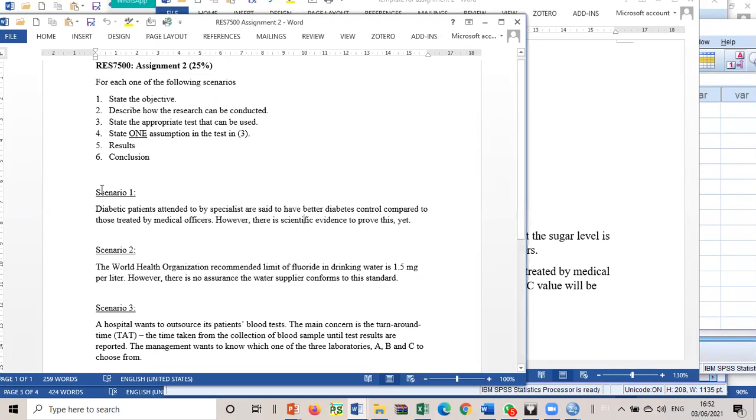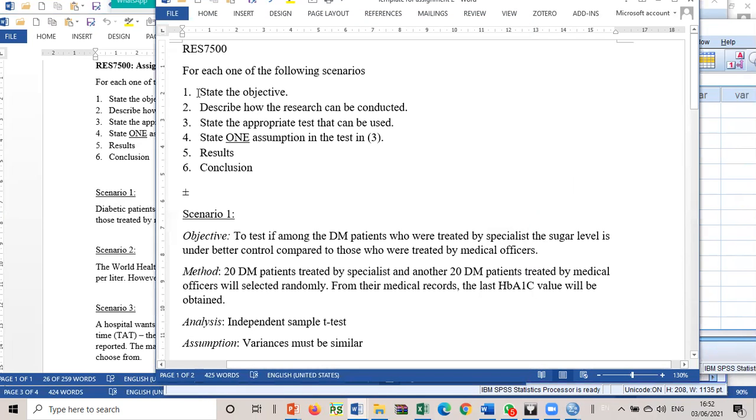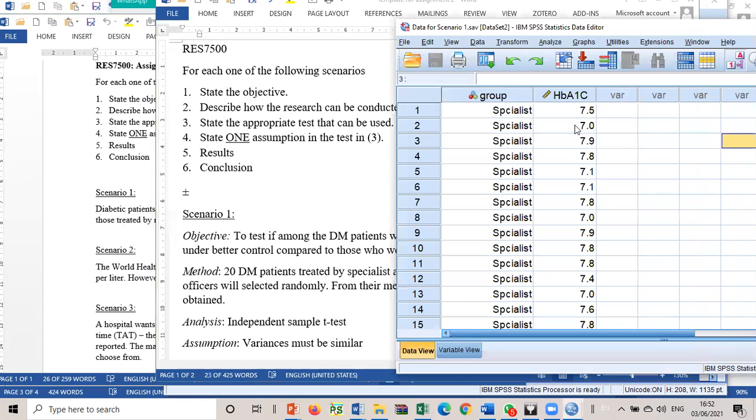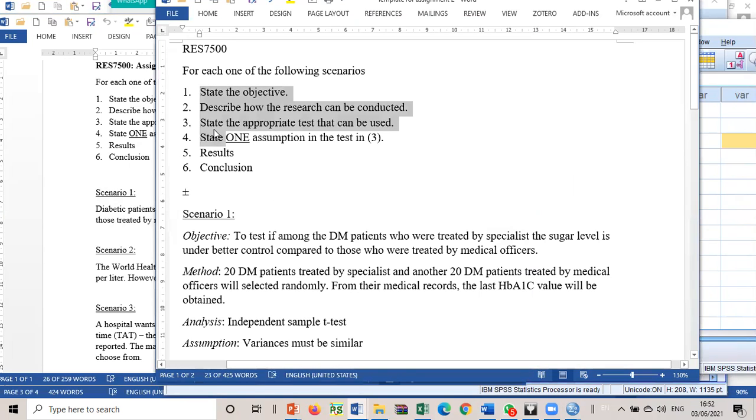So under scenario 1, the specialists and the MOs are already written here. The data is given to you. Analyze it based on the method you decided. State the assumption. Analyze this.